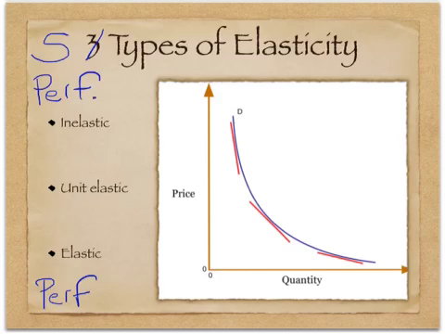Characteristics of something which is perfectly elastic would show with an elasticity measure of infinity. This would be equivalent to this horizontal line. And the meaning of this is that changing your price will result in an absolute change in quantity.